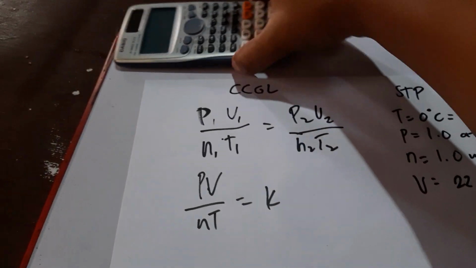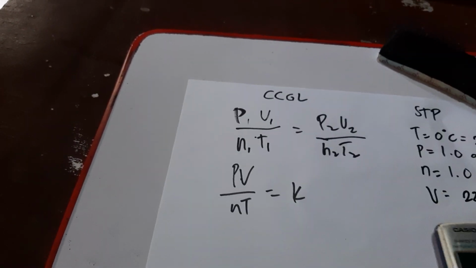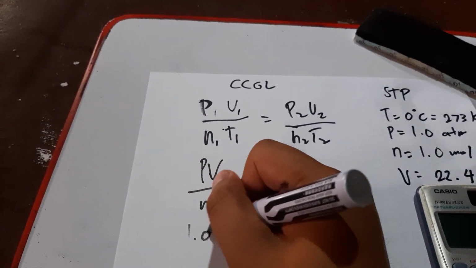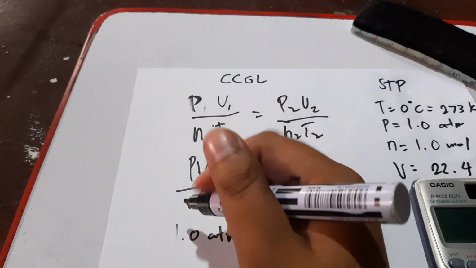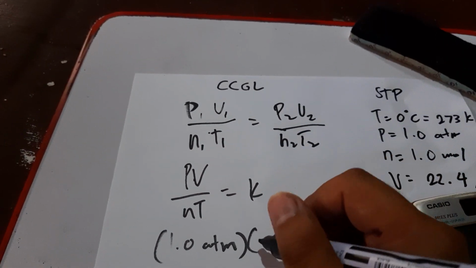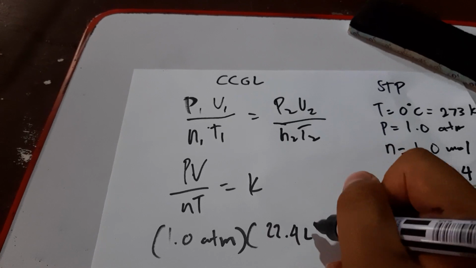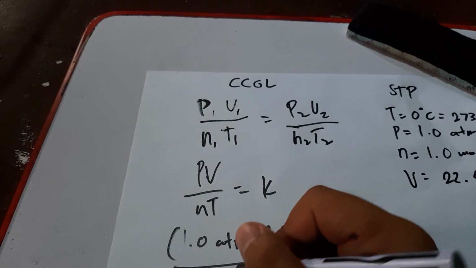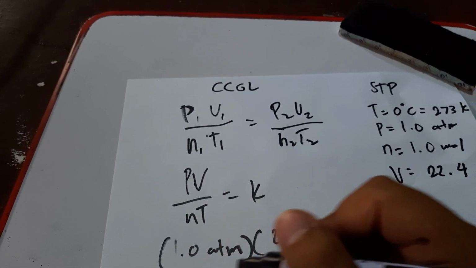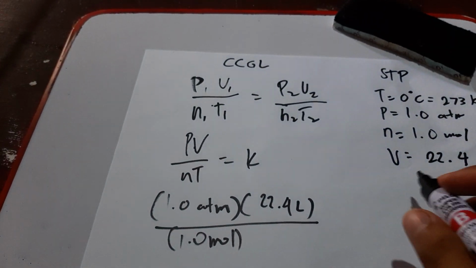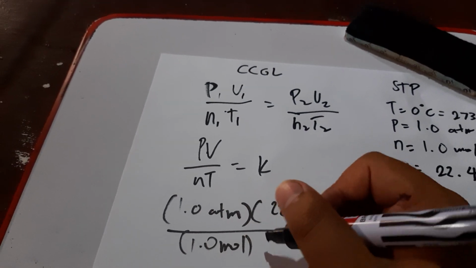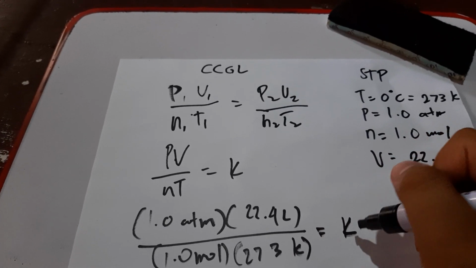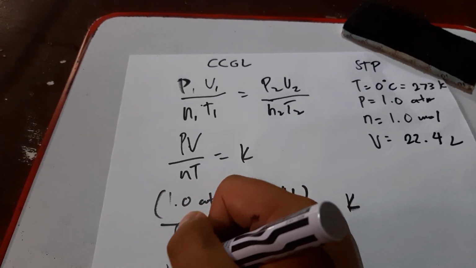And when we input that in our equation, our P is 1.0 atm, my volume is 22.4 liters, my N is 1.0 mole, and my T is 273 Kelvin. What are we going to get? Now, what would be our constant K?